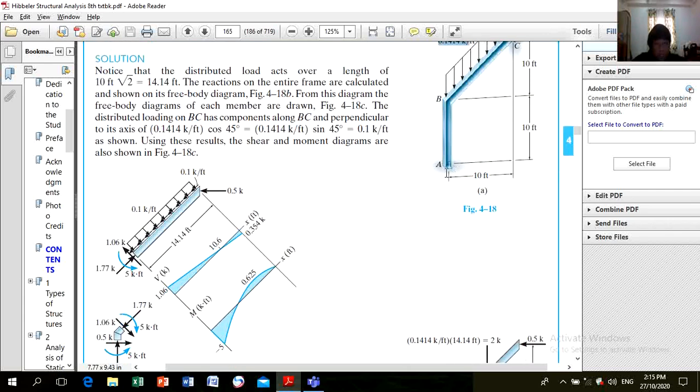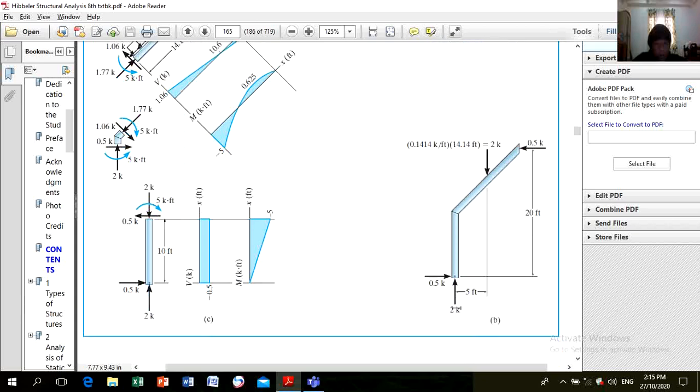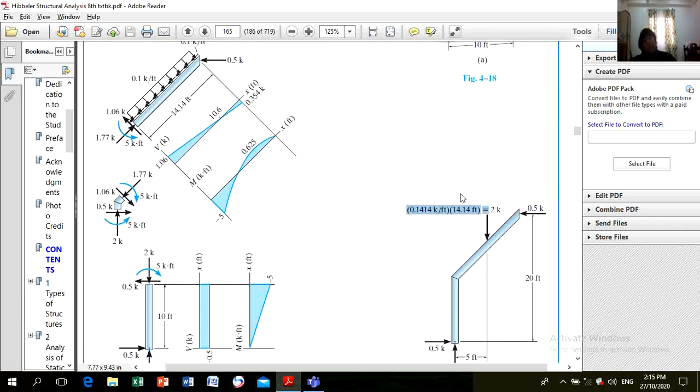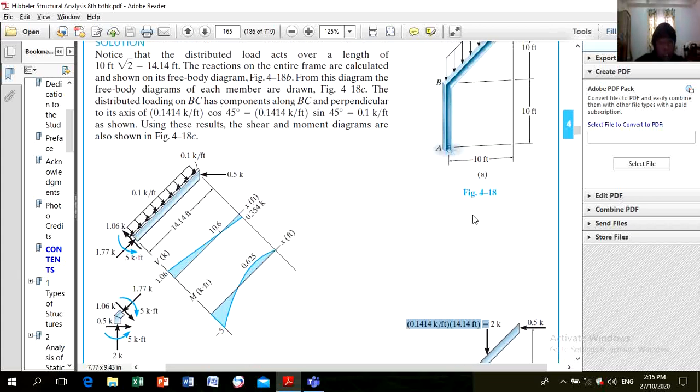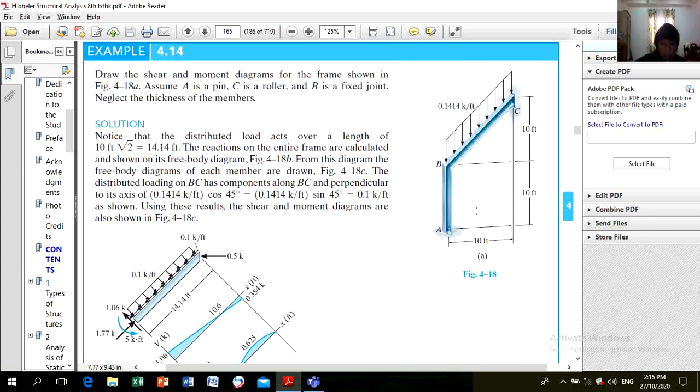So the reaction at A vertically is 2 kips also. Here, it's 2.